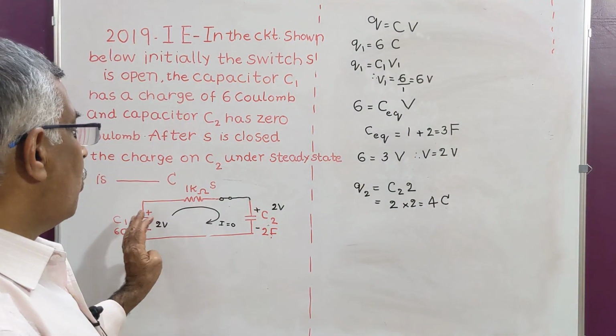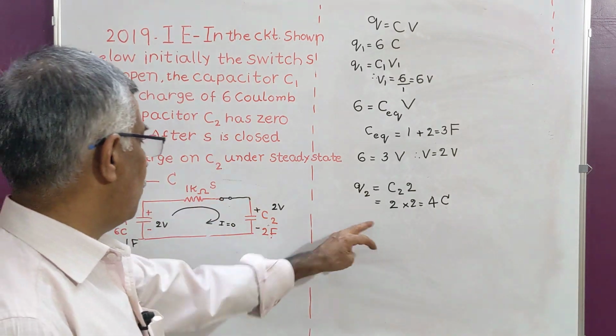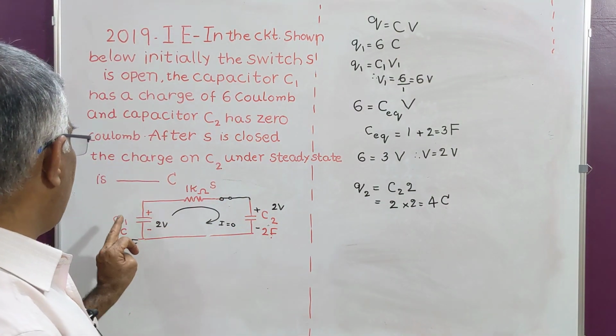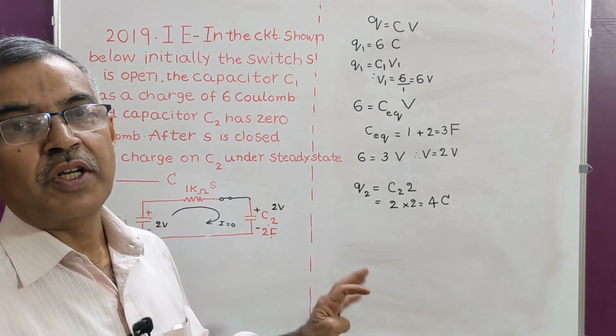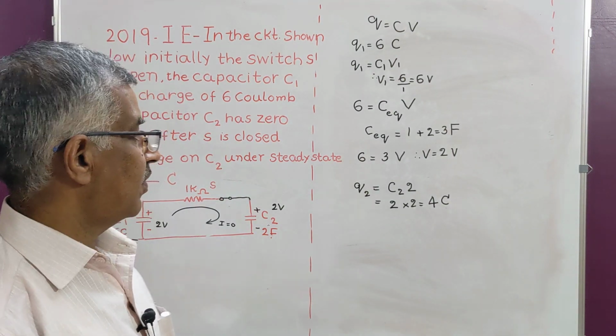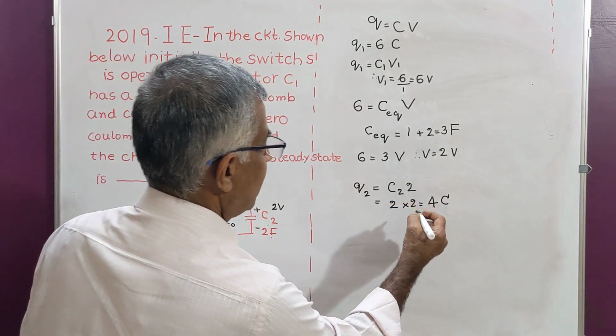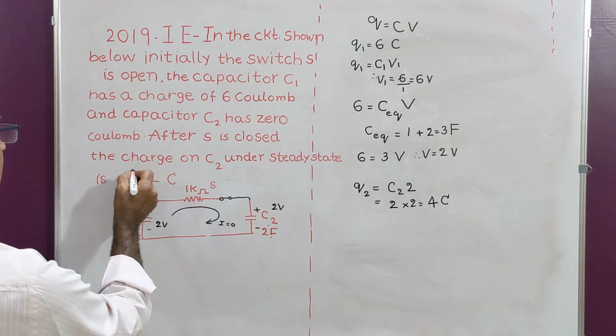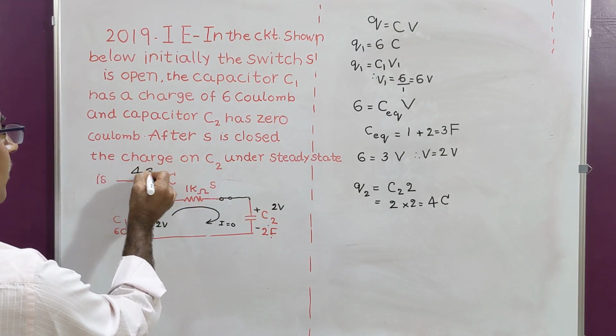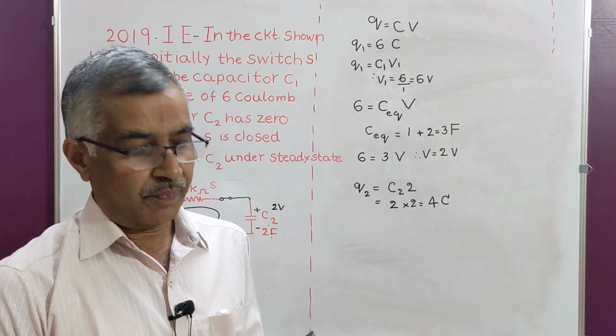Now it is going to give 4 coulombs to C2 and the remaining charge on capacitor C1 will be 2 coulombs. So 4 plus 2 makes 6. So the answer is, the charge on C2 under steady state is 4 coulombs. So that ends the problem. Thank you.